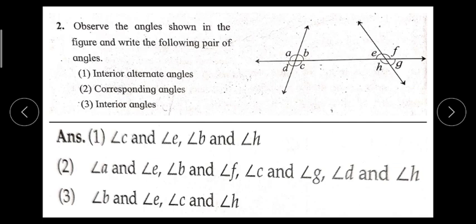Then you have the second point, corresponding angles.